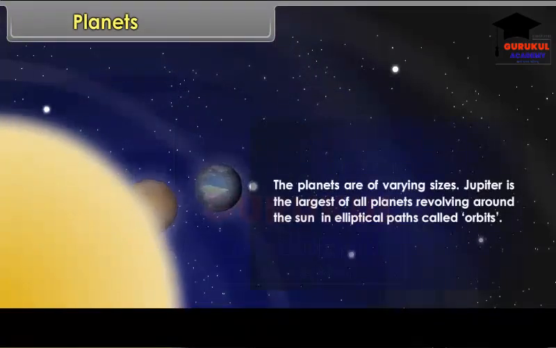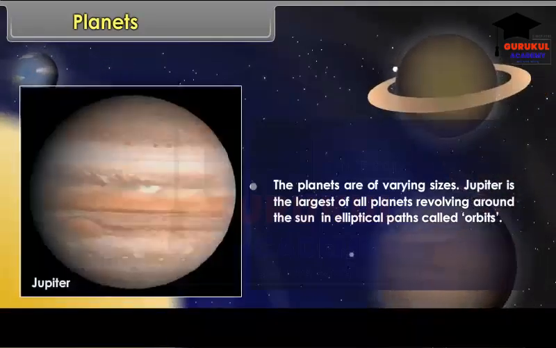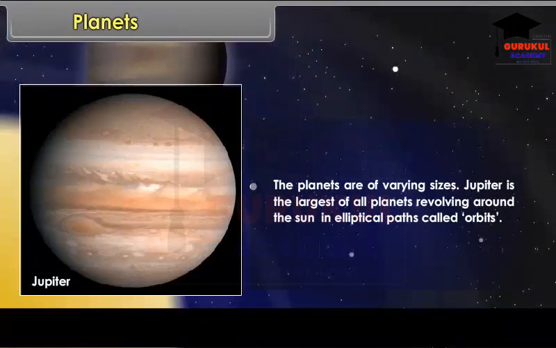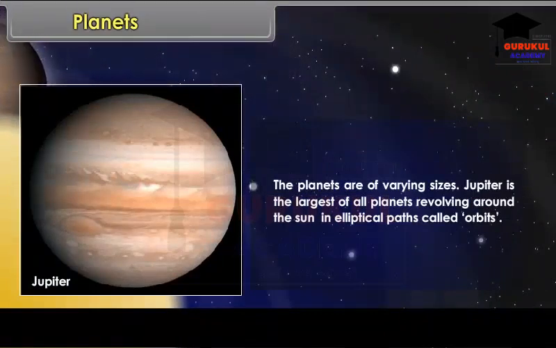The planets are of varying sizes. Jupiter is the largest of all planets revolving around the sun in elliptical paths called orbits.